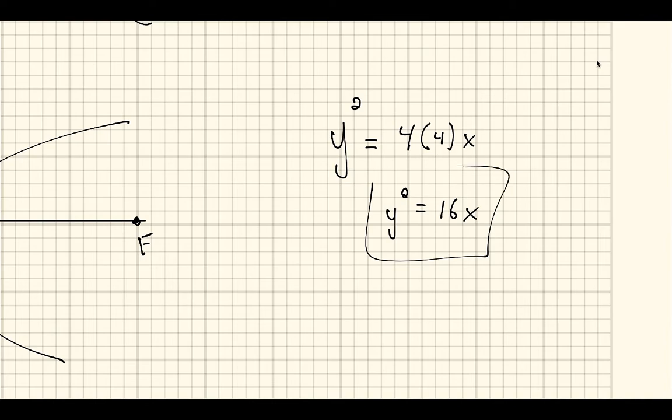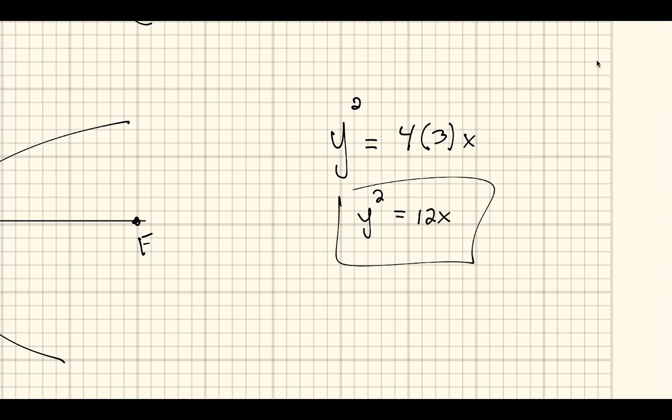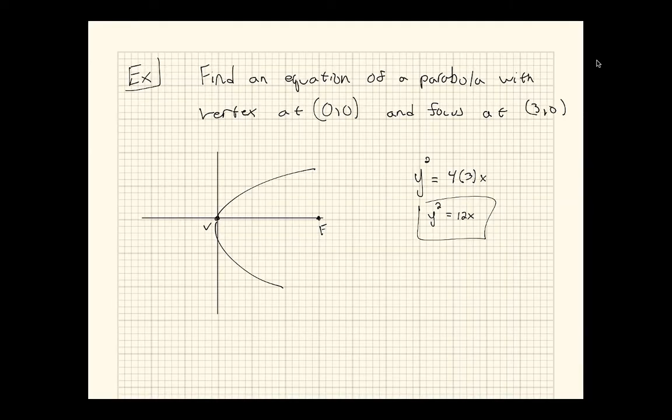This is my equation. Oh, sorry, a was 3, right? A was 3, not 4. Y squared equals 12x. That's better. Y squared equals 12x. That is my equation of a parabola with a vertex at 0, 0 and a focus at 3, 0.